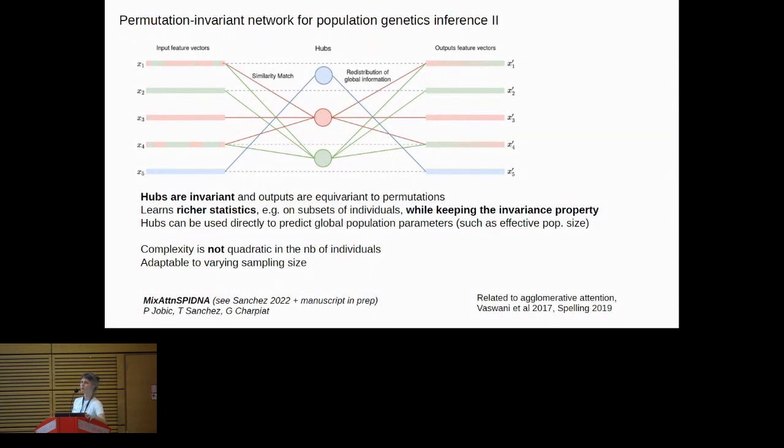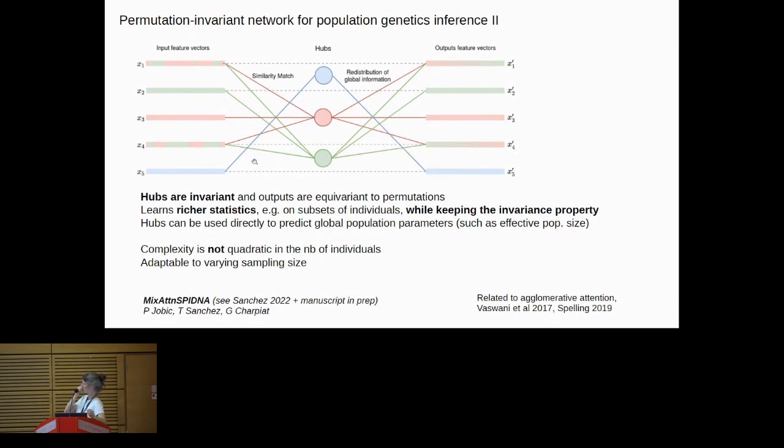That allows you to learn richer statistics than a simple mean. For example, it can focus on a subset of individuals, and from the hub you can, like before, directly predict the global population parameters, such as the effective population size.